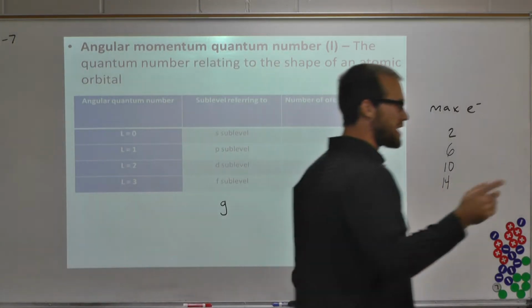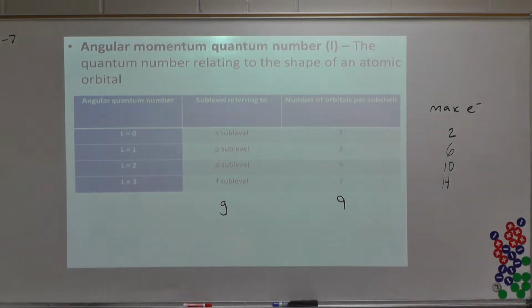Okay, now location on the periodic table. S sublevels here. Remember this? D sublevels here. P sublevels here. F sublevel is here. Now, let's count total electrons here. P sublevel: 1, 2, 3, 4, 5, 6. Max.